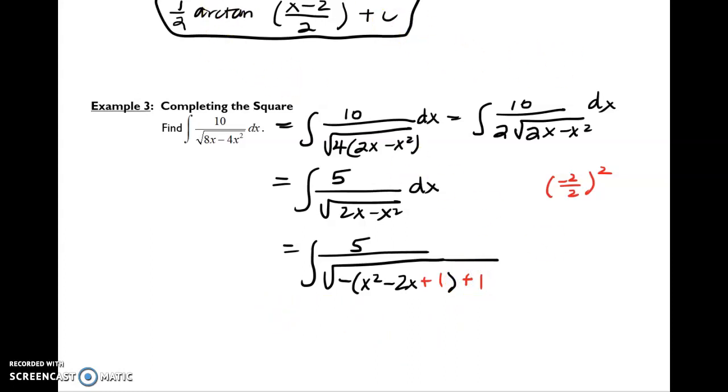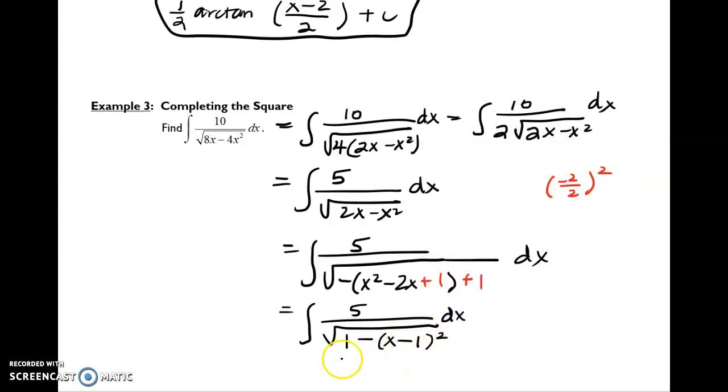That will balance everything out. So that gives me, now I'm going to rewrite this, or just reorder it, square root of 1 minus x minus 1 squared. Again, that minus 1 comes from the negative 2 over 2 that we were looking at.